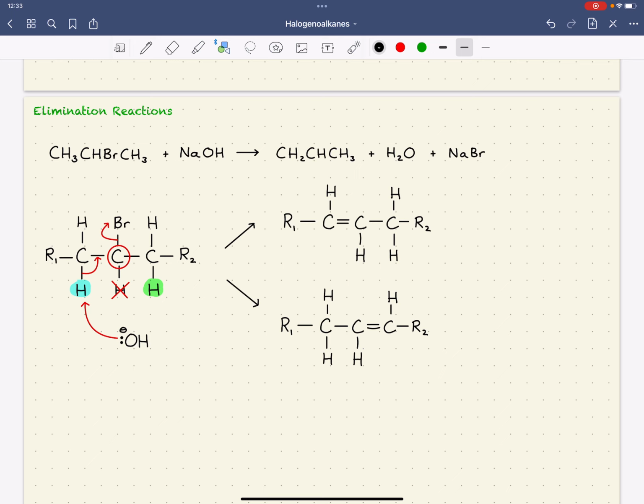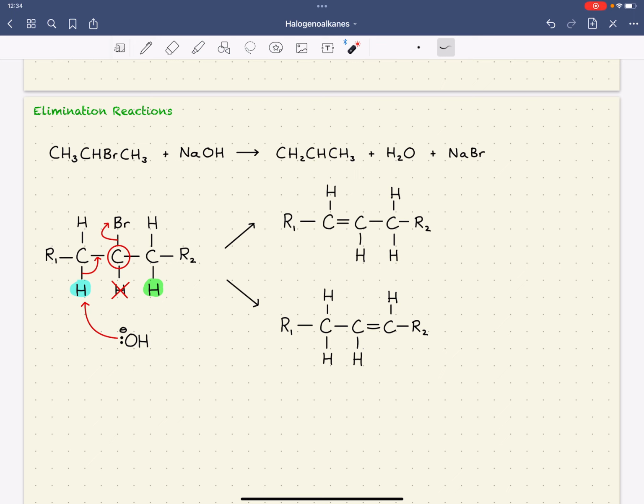Now, if R1 and R2 are the same, which it would be if it was 2-bromopropane, which is the example we've given here, in this case both R1 and R2 are H, then you would just get propene in either case.